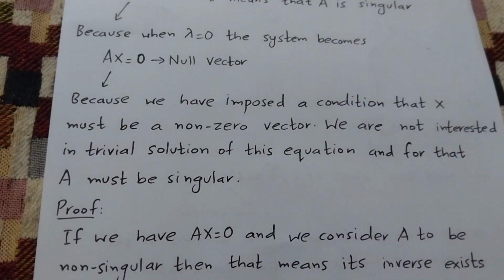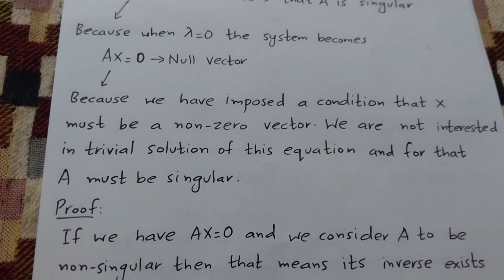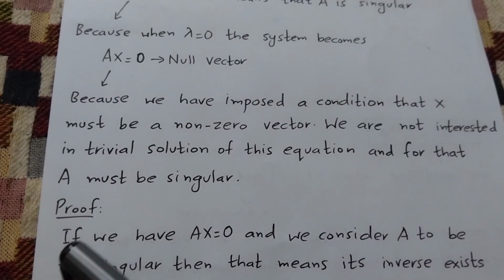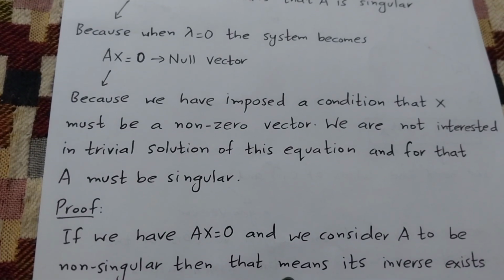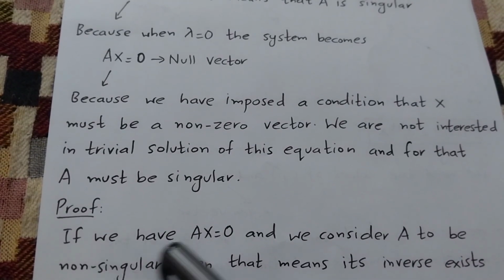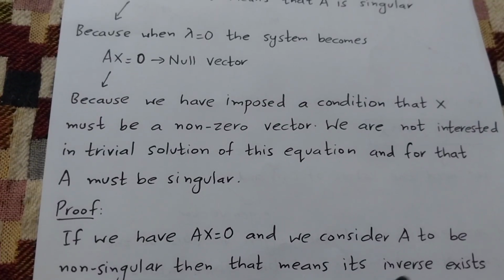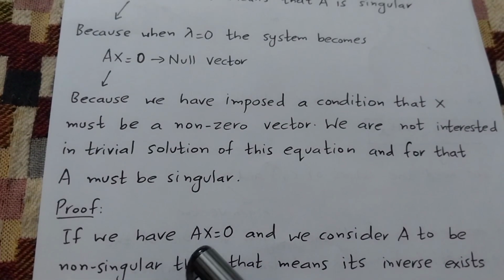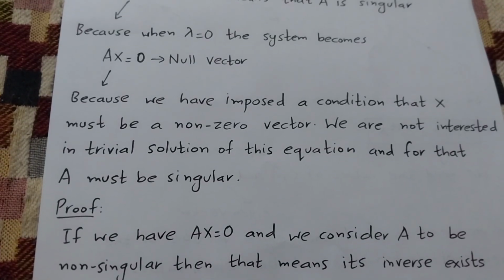So now we'll prove that for a non-trivial solution this A must be singular. We had a system ax is equal to 0, and we wanted to find a non-trivial solution.